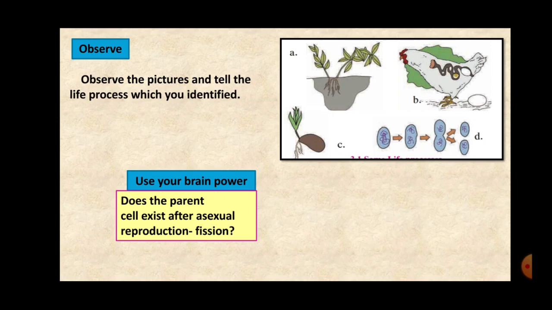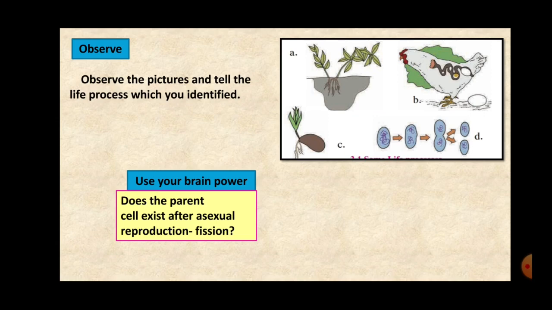Second one, B, you can see the hen is laying the egg, that is sexual reproduction. In C, it is germination of the seed and the radicle and plumule can be seen. And in the last one, it is cell division, or you can say binary fission. So this picture shows the different types of reproduction.